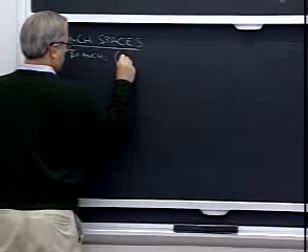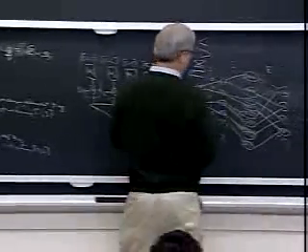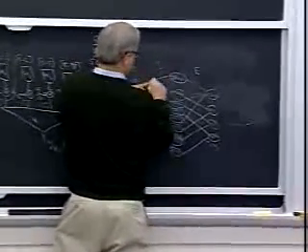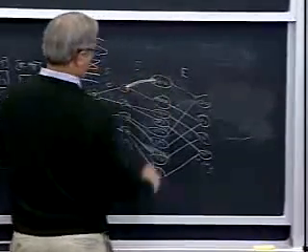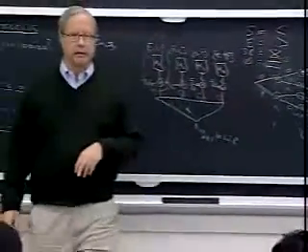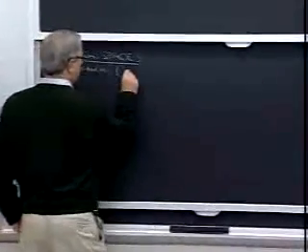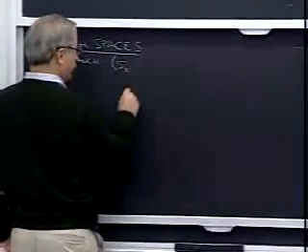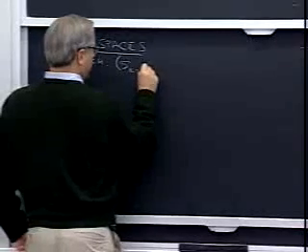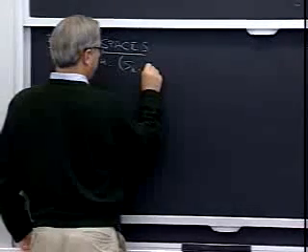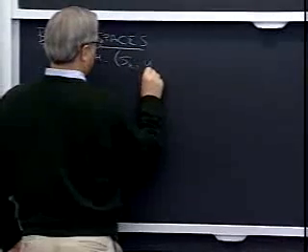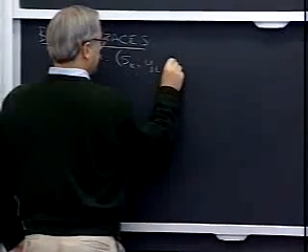When we look in a trellis, a branch is one of these things. Okay, that's a branch. What do we need to define a branch? We have an initial state, the code output at time k, what are we calling that? Y time k, and the next state.